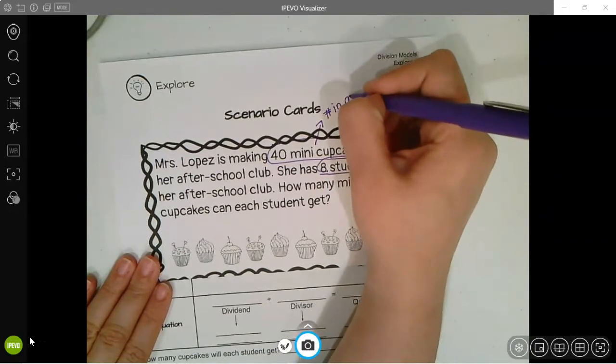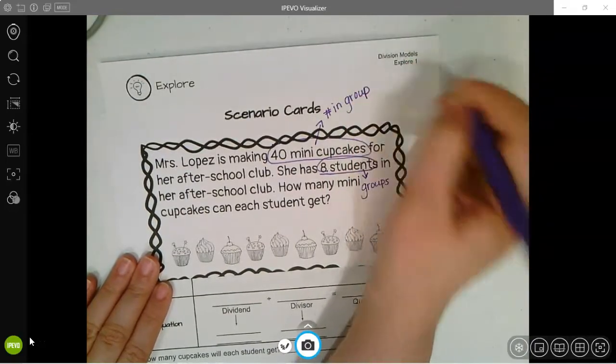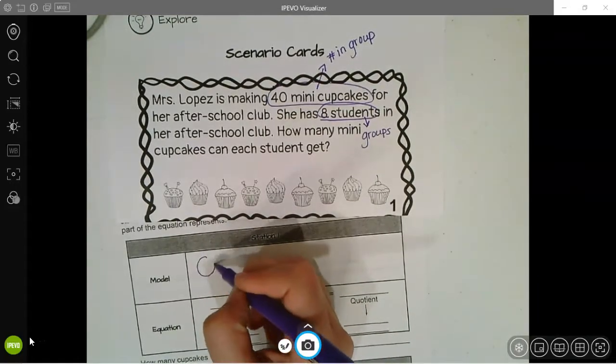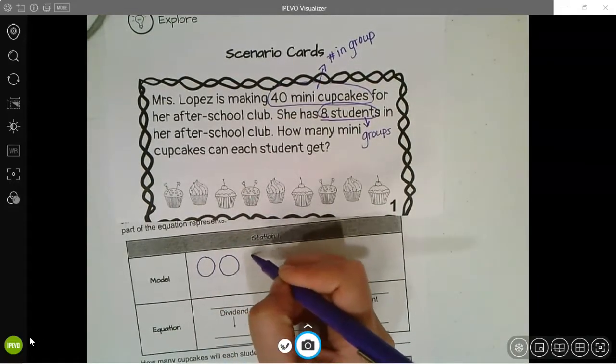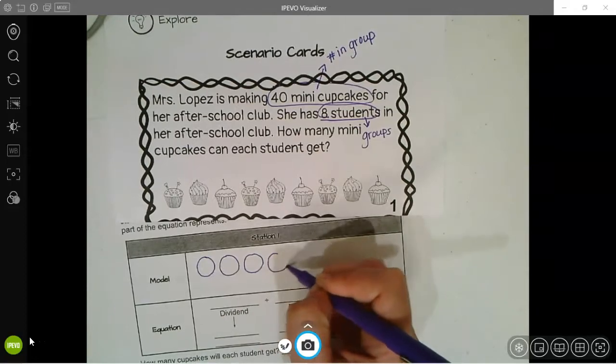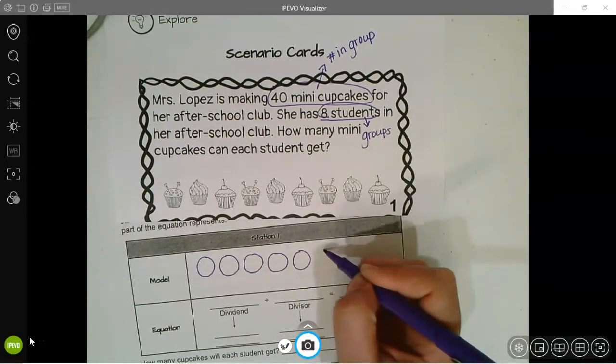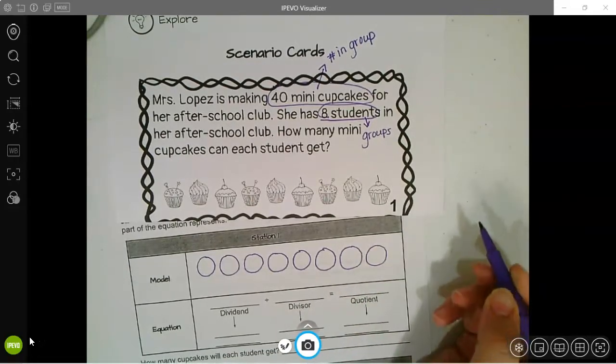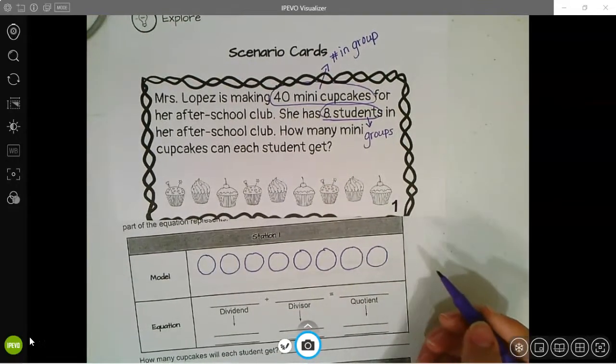That's what I'm dividing into the groups. Let me draw my 8 groups: 1, 2, 3, 4, 5, 6, 7, 8. These are 8 students.